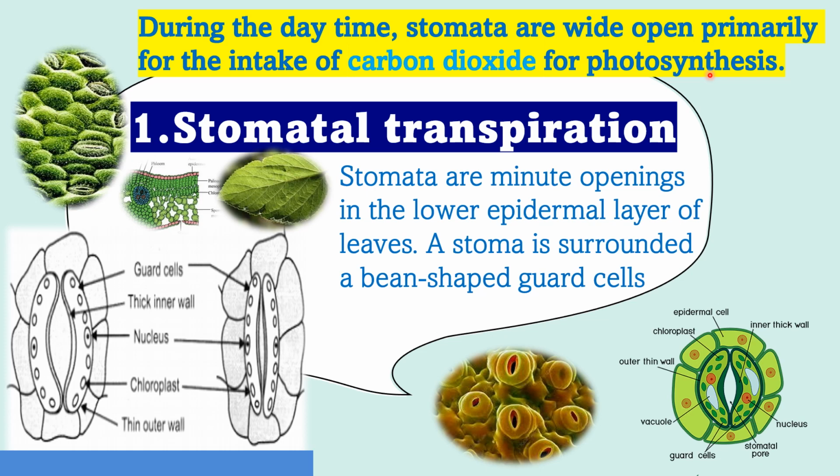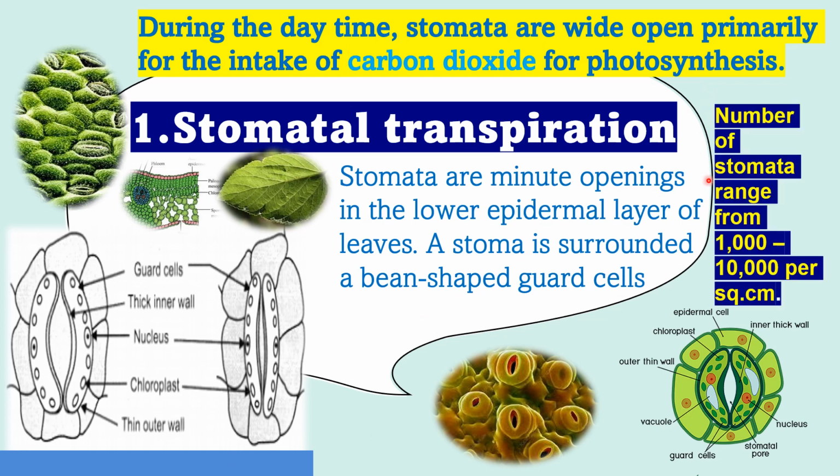But there are some factors to open and close stomata that we will learn in the next slides. The number of stomata ranges from 1000 to 10,000 per square centimeter. These points you have to keep in mind.